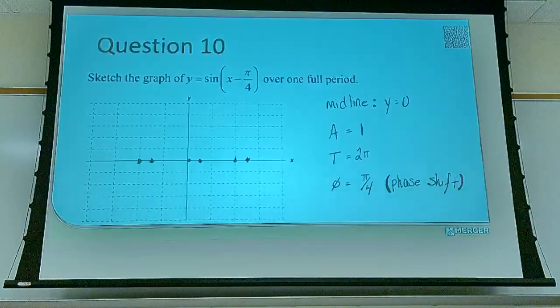Where is sine negative 1 in this interval? Start with the green interval, minus pi to pi. So sine of what is negative 1? Negative 1.